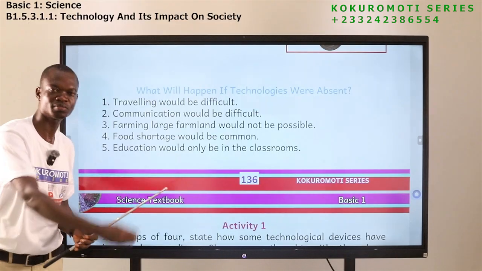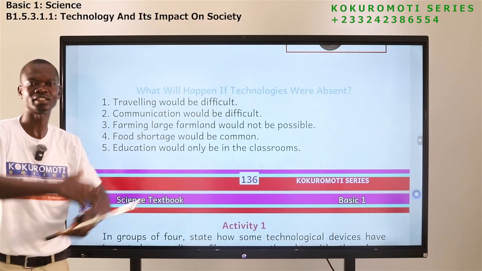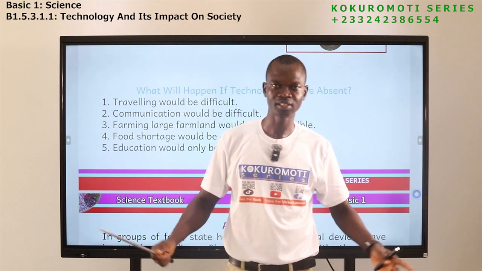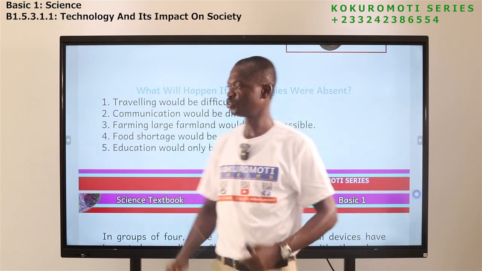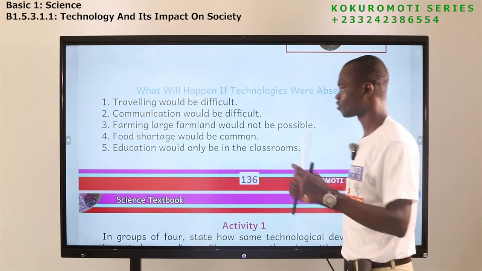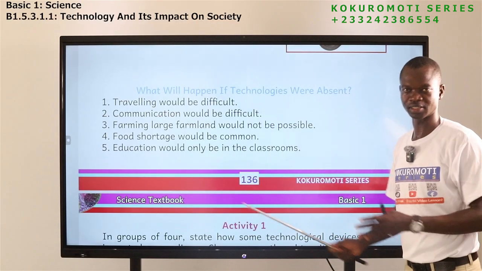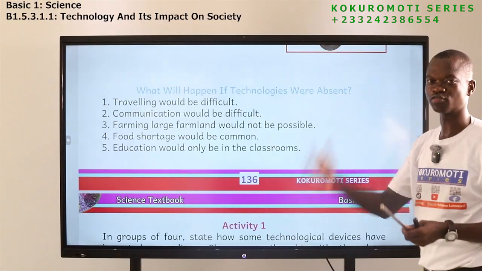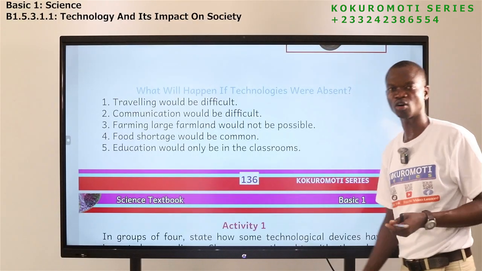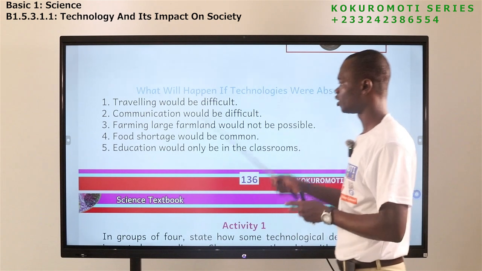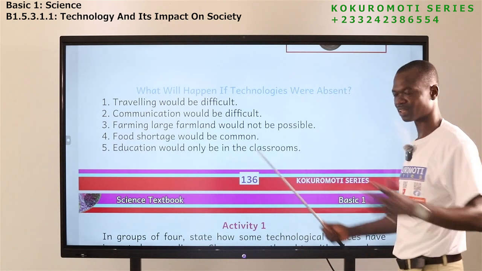And they build these machines, and these machines are able to what? Farm large areas, large farms. So we use what? Technology in farming, and it helps us to what? Farm large places. So we are able to get more food to eat. We are able to get more farm produce. So with the use of technology, we are able to farm large places.